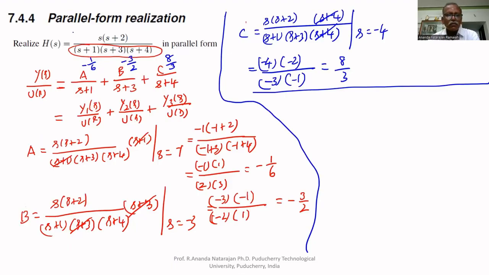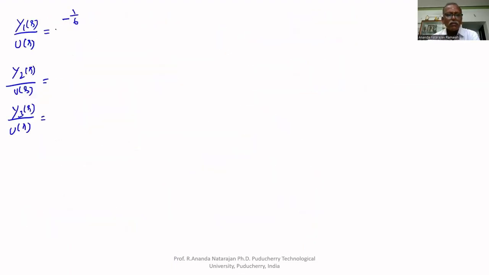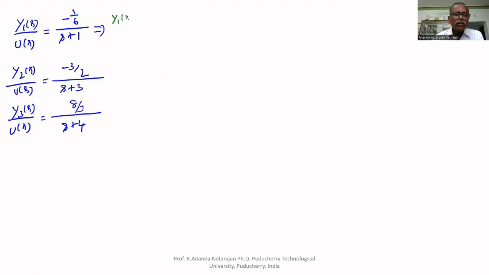minus 1 by 6 over s plus 1, minus 3 by 2 over s plus 3, 8 by 3 over s plus 4. y1 of s upon x1 of s multiplied by x1 of s upon u of s is equal to minus 1 by 6 multiplied by 1 by s plus 1.